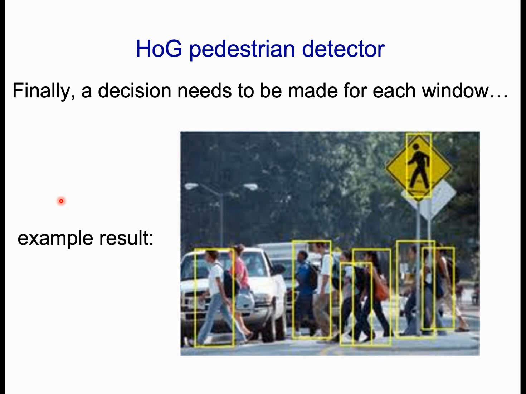And indeed, there are quite successful detection methods that use HOG representations, so histogram of oriented gradient representations, for various applications. For instance, here we see a result for pedestrian detection. And detection here is obviously made for each window of different sizes. We see that there are certain cases where it's extremely successful.